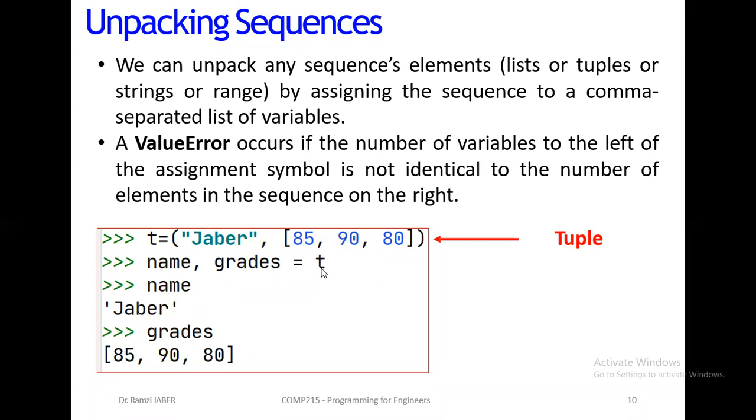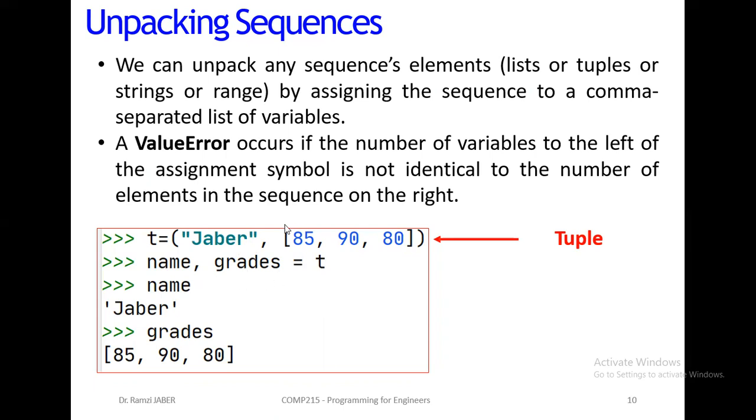So automatically the name will be equal to Jabir. We assign the name to the first element and we assign the grades to the second element, which is the list. This is an advantage in Python. We cannot do that in C or C++ or Java. So in Python, we can unpack a sequence by assigning to new variables, similar to this.